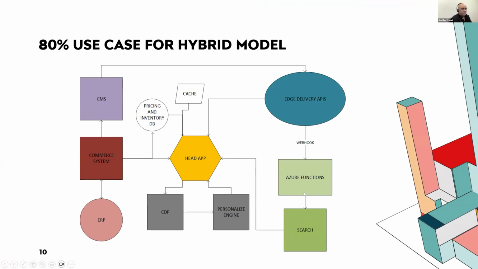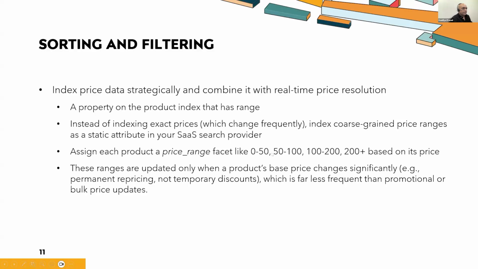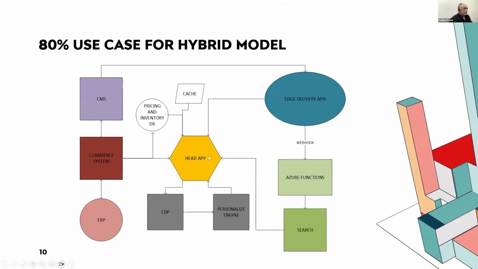But on the website, I have 0 to 50. So it will go to the head app. The head app will say, okay, give me the price. The price is this, but the range is this. I need to remove one product because this doesn't fit anymore. There are ways to make it smarter, but the logic is moving to the head app.